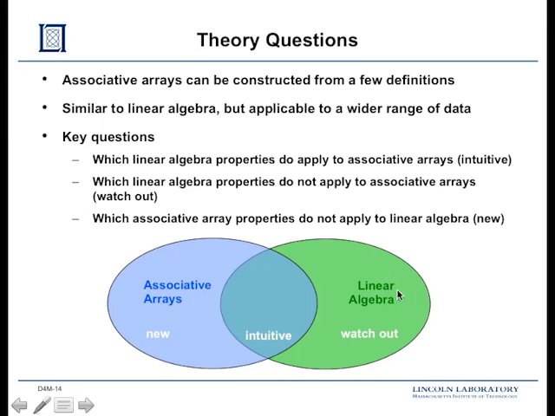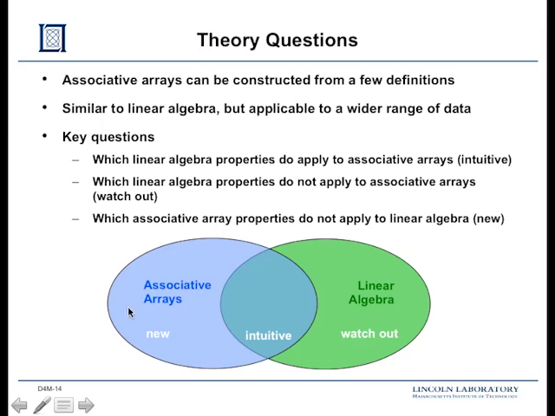And there's going to be cases where your linear algebra intuition is wrong. That is, taking your linear algebra intuition and applying it to associative arrays will lead you into things that won't make sense. So this is what we're trying to give people a sense of here: where they overlap, where you should watch out, and where there are new properties that you didn't know about that you should maybe take advantage of.